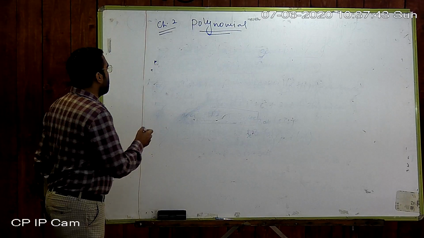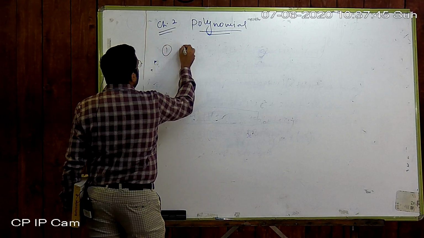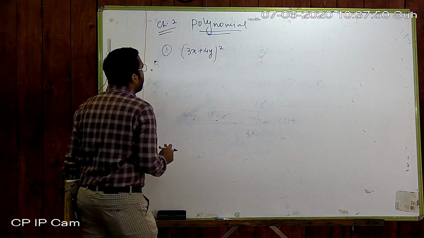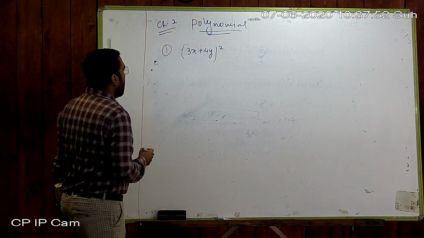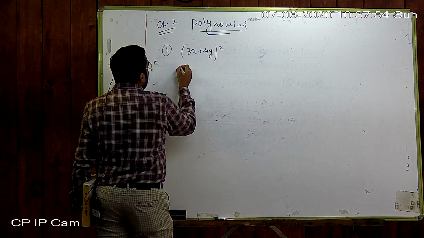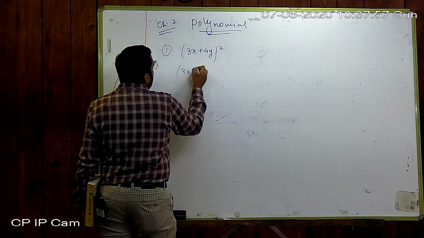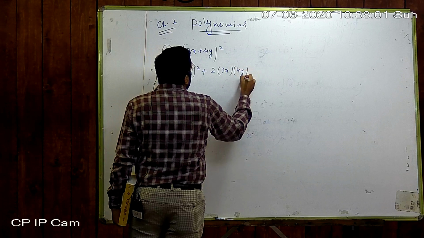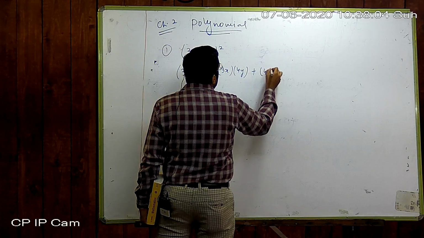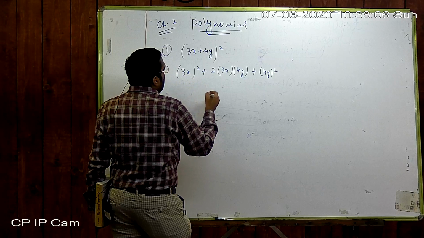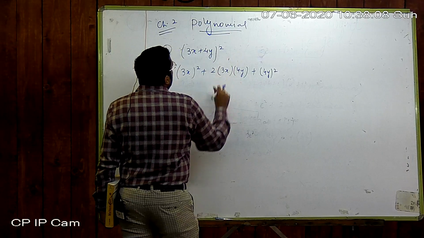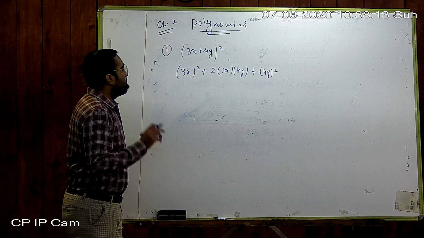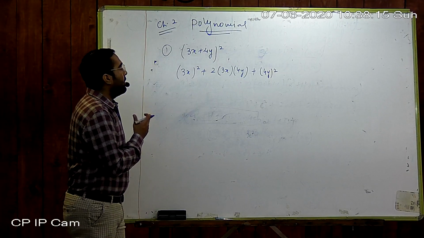So first example: (3x plus 4y) whole square. Okay, we know the whole square formula: a square plus 2 into a into b plus b square. When we use polynomials in different formulas, you must write the formula which we use.